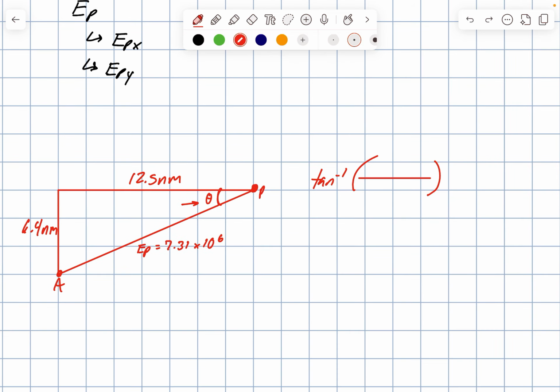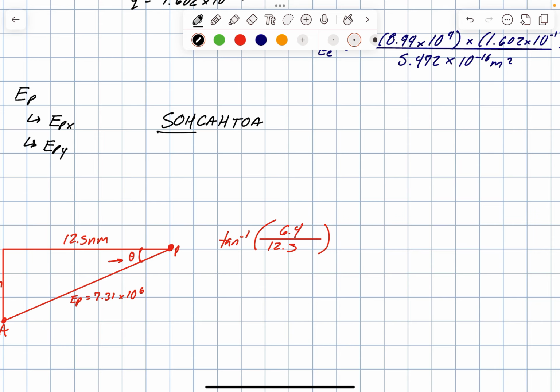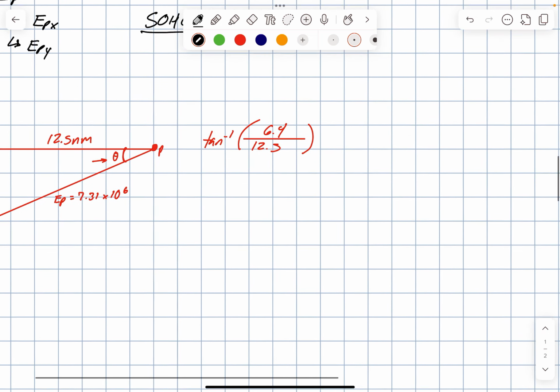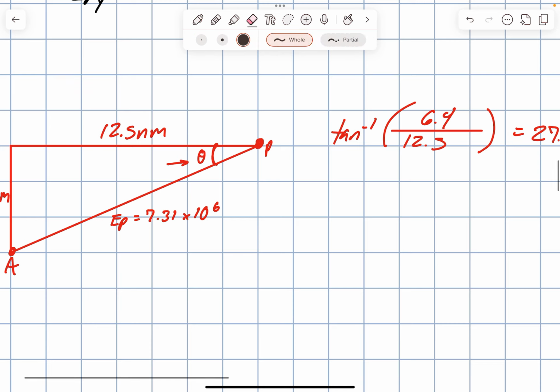So our numerator is going to be our opposite side, which is 6.4, and our denominator is going to be our adjacent side, which is 12.5, and that's just by using, again, trig properties up here. When you solve that, you should get the value of 27.1 degrees for this angle. So in other words, this is equal to 27.1 degrees.